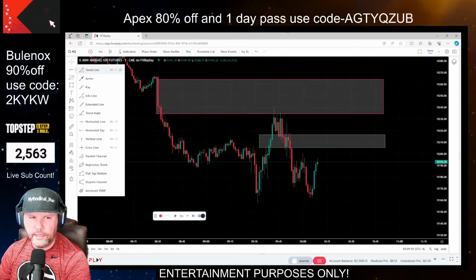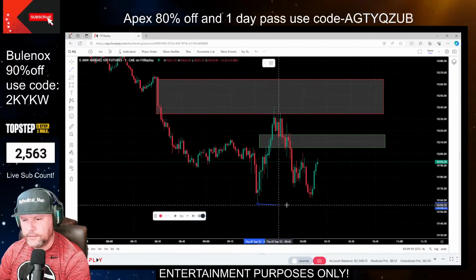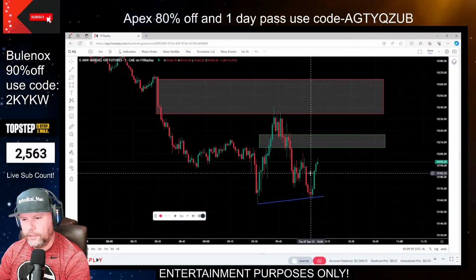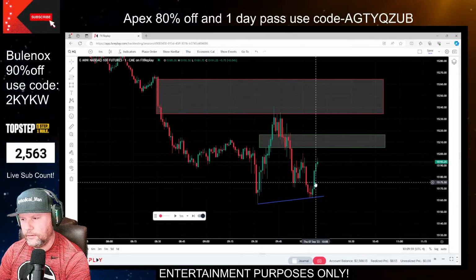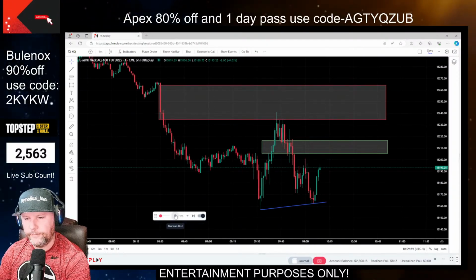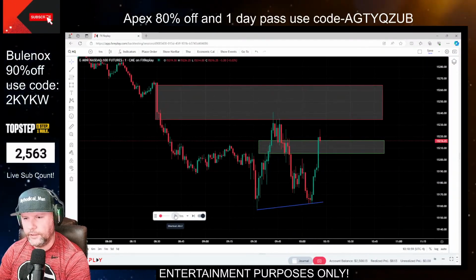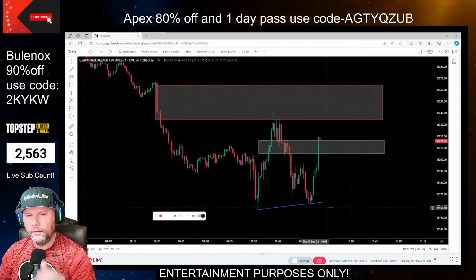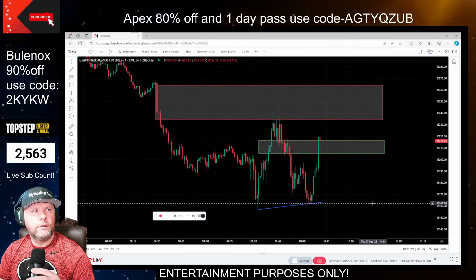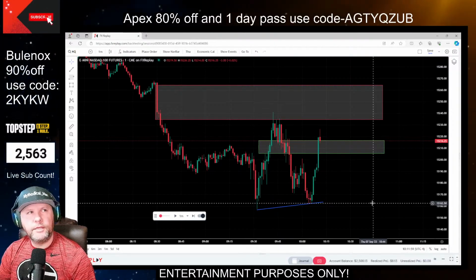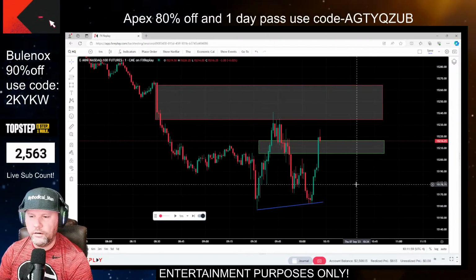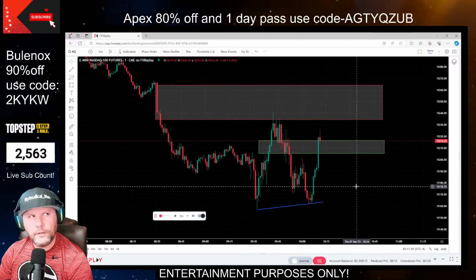I can't see it, but I almost would bet this is an SMT with ES. In which case, I probably would take it, but look at that. Since I don't know it's an SMT, I'm not going to take it. Yeah, that's the thing. The R to R on this is going to be bad.